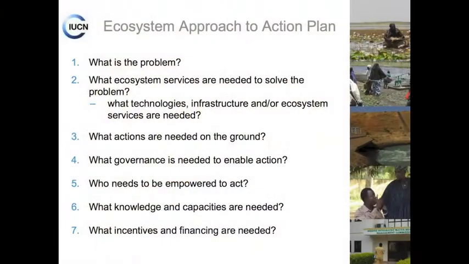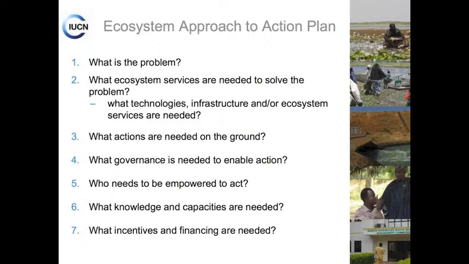The critical thing here is that if you are calling upon a dam operator to change the way a dam is managed, the flows from a dam are managed, then he or she has to be empowered through the decision-making system in the basin to do that. And you can have a set of issues around communities, that they have to be able to take the actions that are needed. The sixth point is, what knowledge and capacities do you need to take these actions?